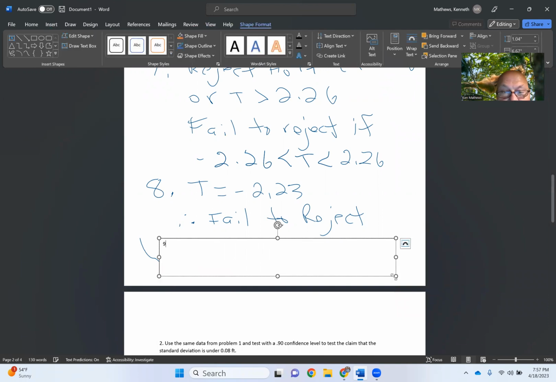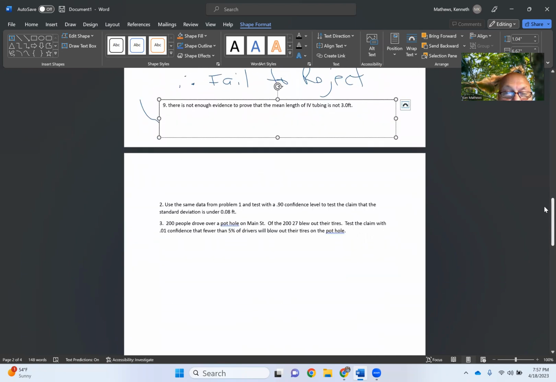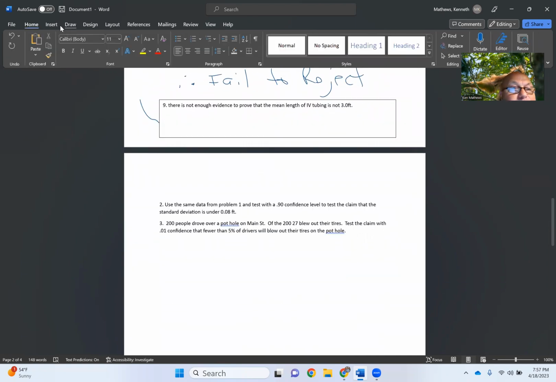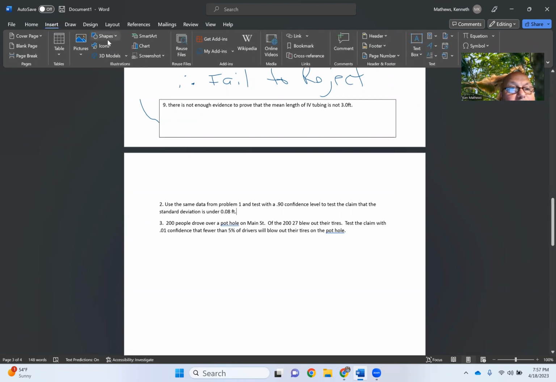So step 9, there is not enough evidence to prove that the mean length of IV tubing is not 3.0 feet, say. Okay, but man, they just got away with it by the skin of their teeth. Okay, so let's go to problem number 2 now. We'll insert a page break.